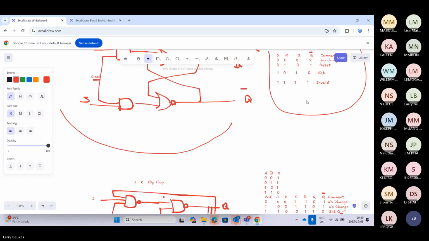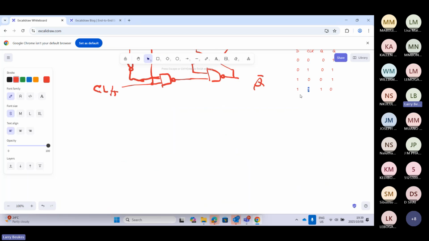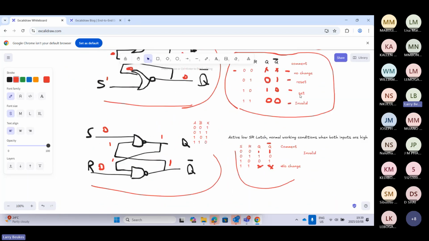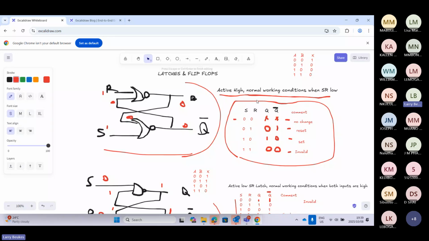Okay, we are basically done, but now let's just summarize everything, right? So we had the active high SR latch, right? We said it's active high because the normal working condition is when S and R are low. Here, S and R are low, then there was no change, right? Then 1 and 1 was invalid.